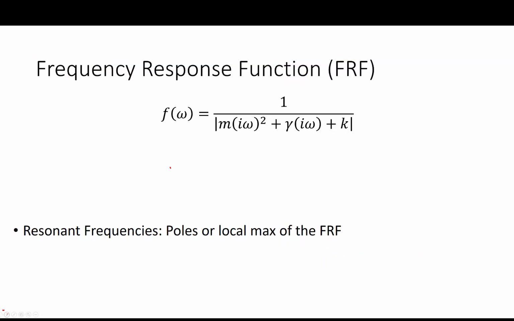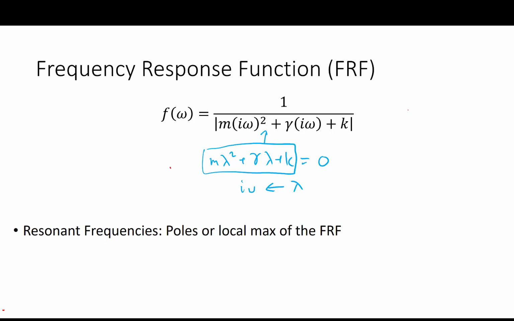So we're going to call this function the frequency response function. Now it's closely related to two other important quantities that we encounter in this section. One is the characteristic equation. Recall that the characteristic equation is m lambda squared plus gamma lambda plus k equals 0. If I take this part and replace lambda with i omega, I achieve the denominator in my frequency response function.